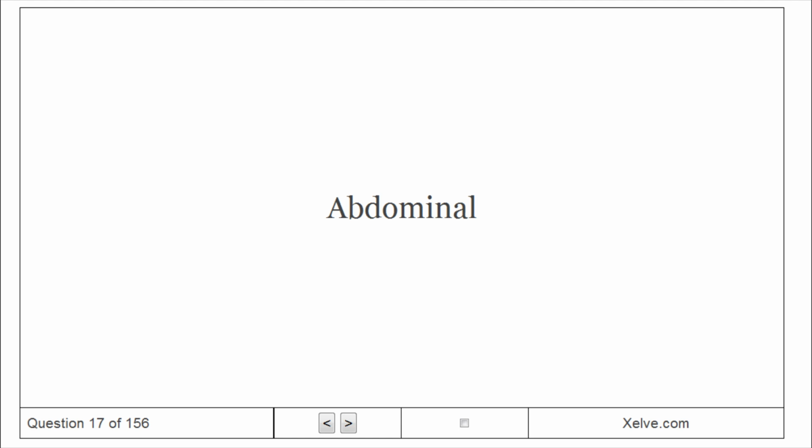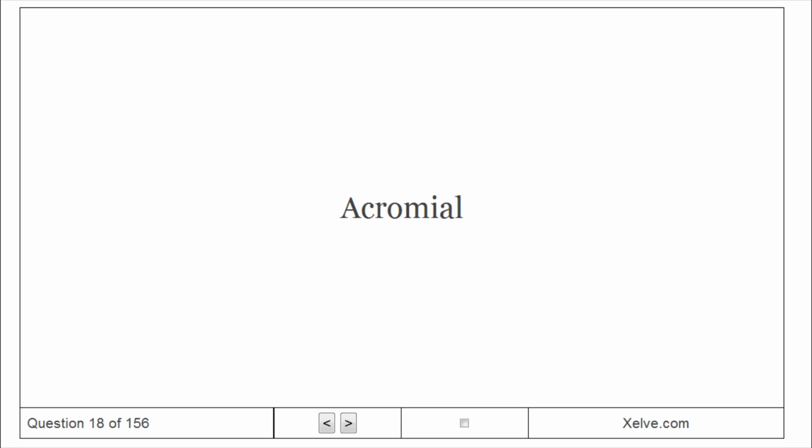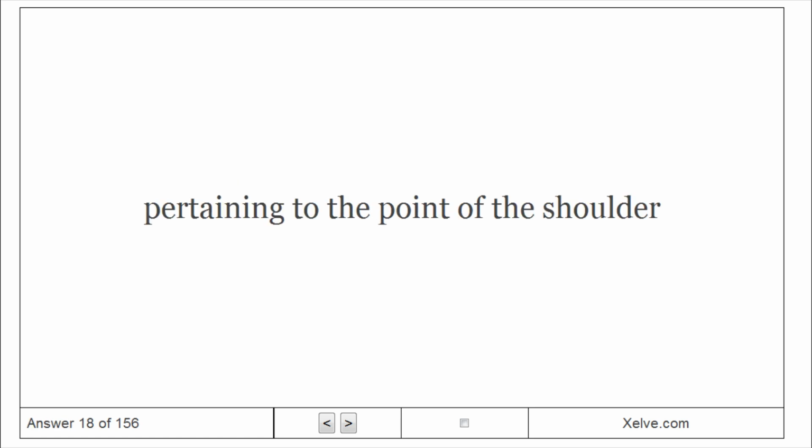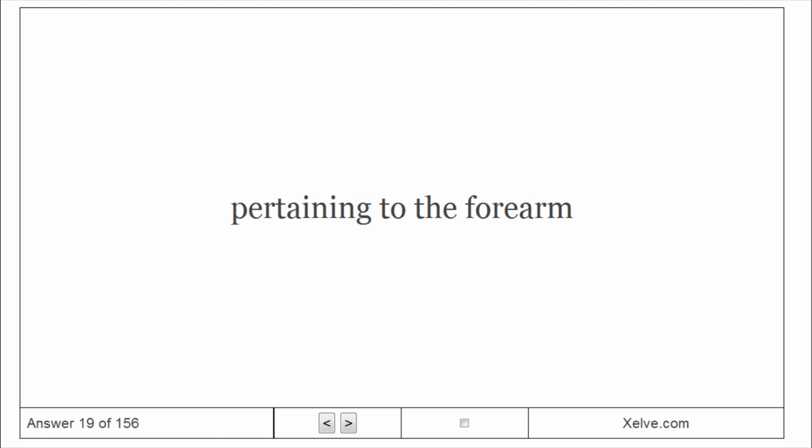Abdominal: pertaining to the anterior body trunk region inferior to the ribs. Acromial: pertaining to the point of the shoulder. Antebrachial: pertaining to the forearm.